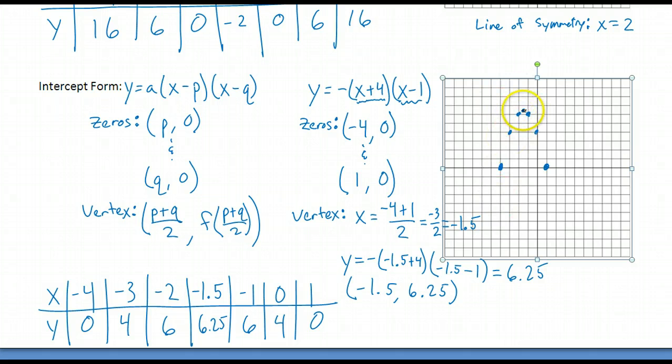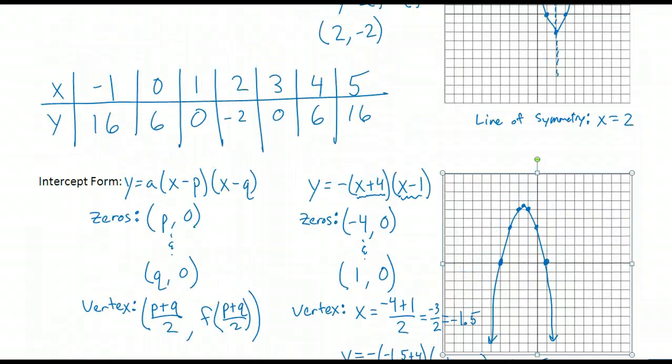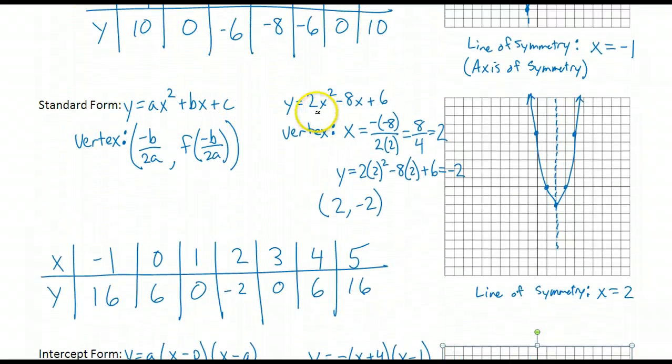If you look, this parabola is going to open down. The clue that tells me that this parabola is going to open down is this negative sign right here. Whenever my a is negative, my parabola opens down. Whenever my a is greater than 1, my parabola opens narrower, it's steeper.